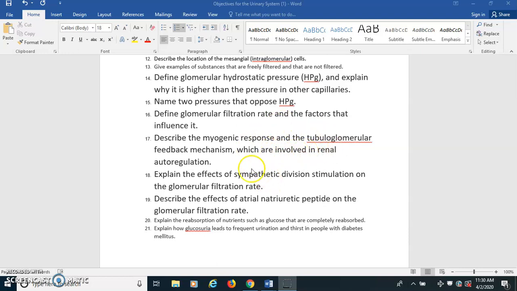But sometimes we have more significant changes in our body that go beyond those blood pressure levels and blood volume levels. Then we have the nervous system and an endocrine hormone that help regulate glomerular filtration rate.